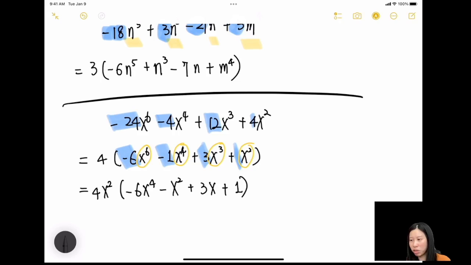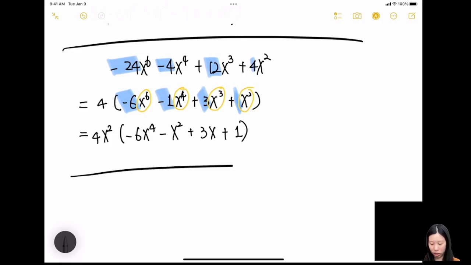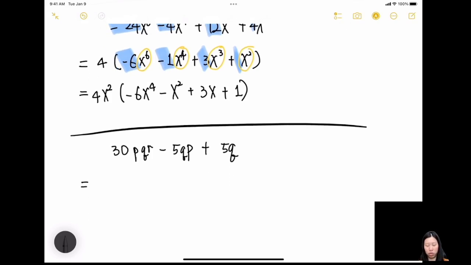Okay, let's do something that has two numbers, such as 13PQR minus 5QP plus 5Q. Okay, again, you can do the letter first or the number first, either way.